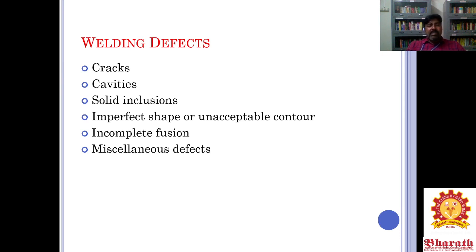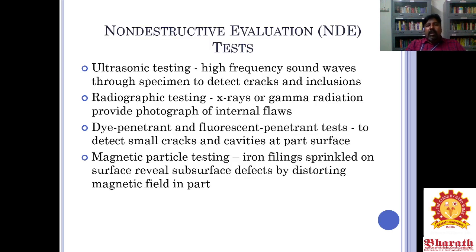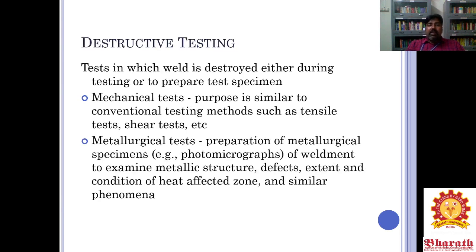How can we identify the defects? By means of some inspection. What type of inspection? In olden days, we used only destructive testing, where we destroy the metal and find out the flaws present in the welding samples or specimens, right?